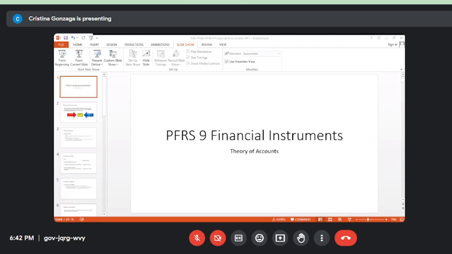Kaya nga, as much as possible, let's be objective. Kaya nga may PFRS number 9 to guide us in the classification and measurement of financial instrument. Okay, in order to mitigate or to minimize or to reduce being subjective when classifying a financial instrument.